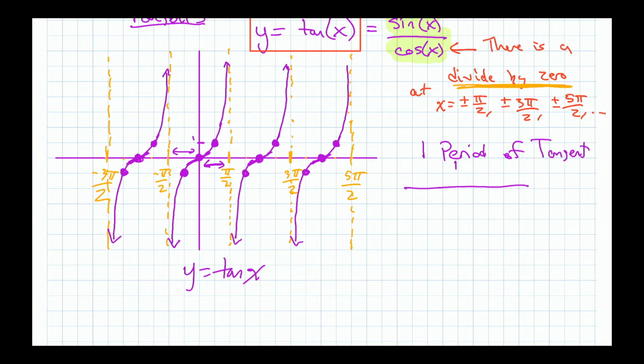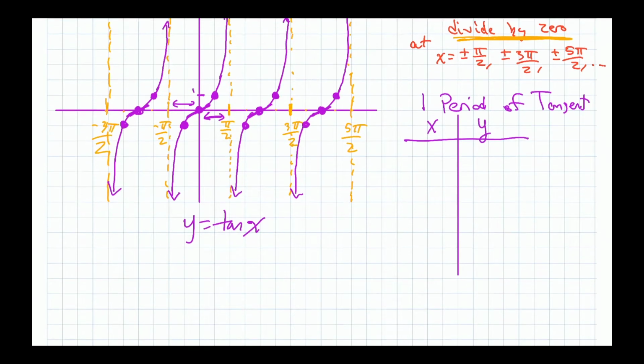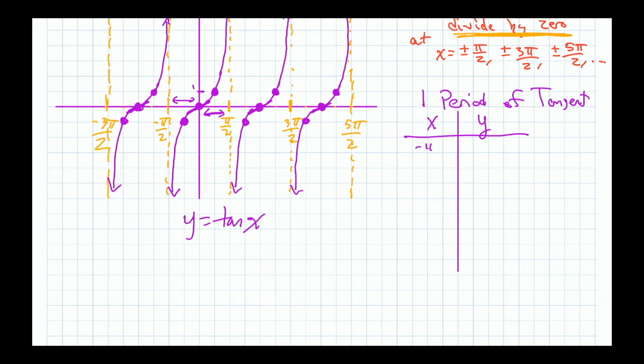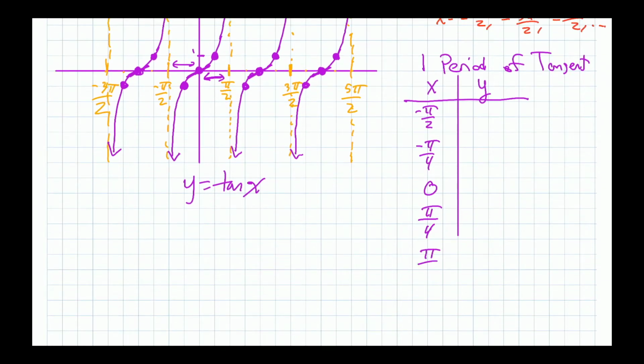So I'm going to take just x and y here. And so if I write negative pi over 2, negative pi over 4, 0, pi over 4, pi over 2 for the x-axis, and then for the y-axis we're going to do y equals tangent x, then here you've got tangent negative pi over 2.